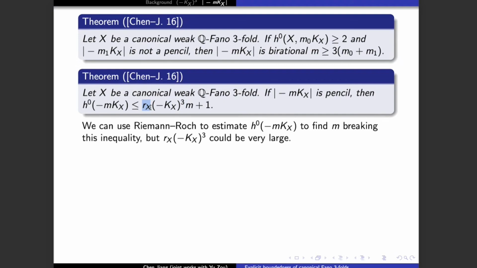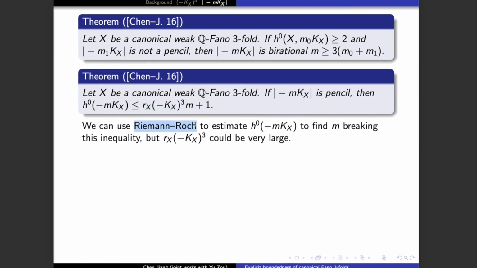Okay, so then how to apply this theorem to tell when it is not a pencil? Then we just need to show that for m big enough, the left-hand side is bigger than the right-hand side, the linear form. Then it cannot be a pencil. This is related to the Riemann-Roch formula, right?